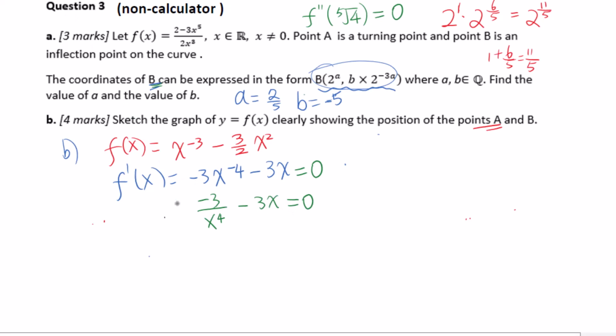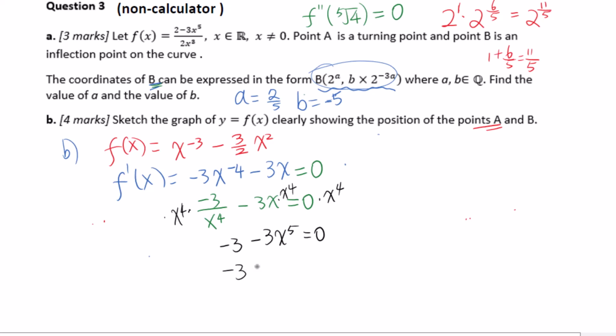Since we have a denominator and x is not equal to 0, every single term will be multiplied by x to the fourth power. So we have negative 3 minus 3x to the fifth power equals 0.